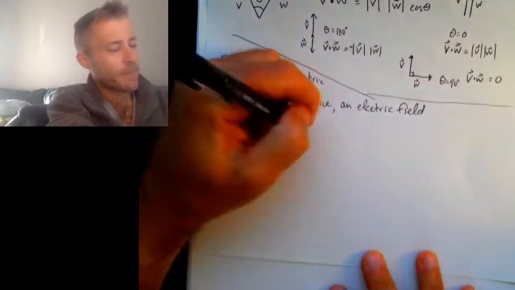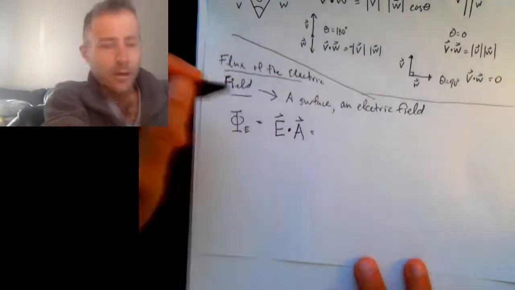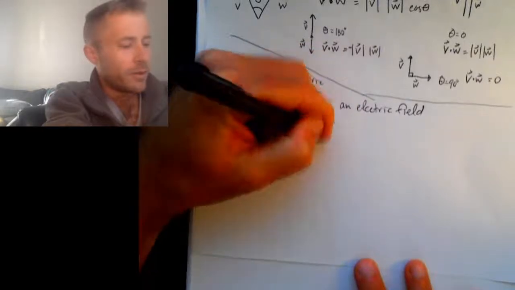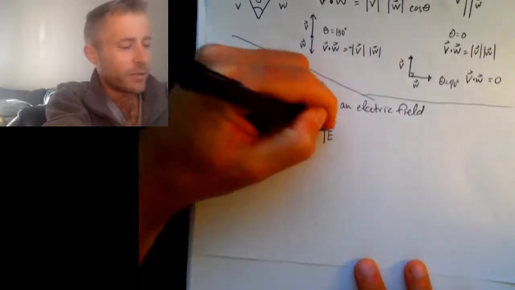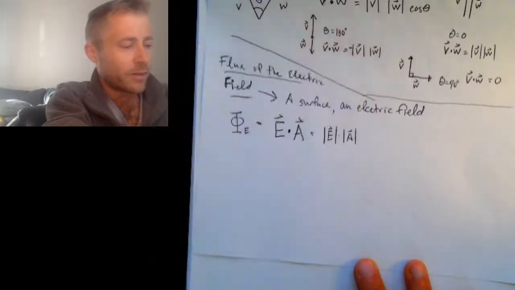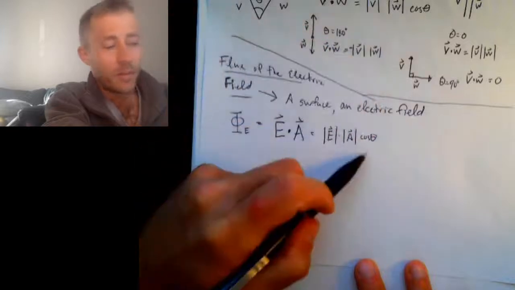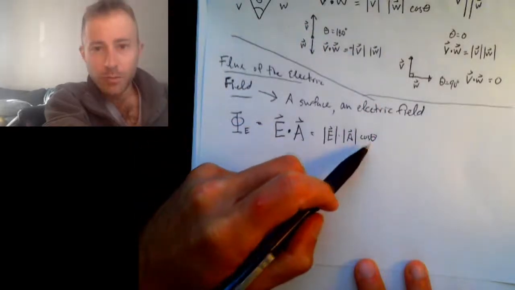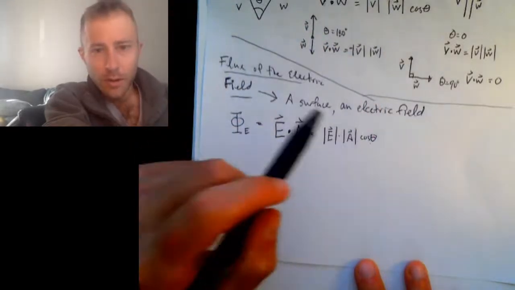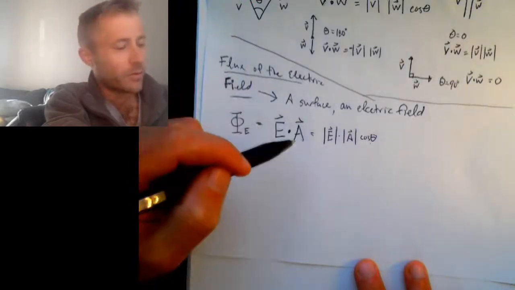All right. So it's going to be the magnitude of E times the magnitude of the area times cosine of theta. Okay, and keep in mind, this is where it becomes important when you are defining the flux of the electric field.